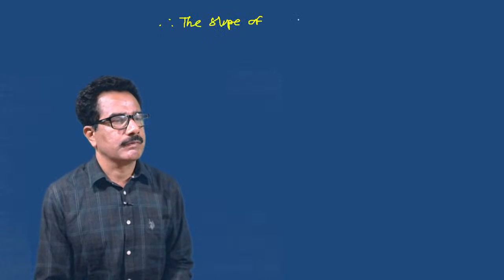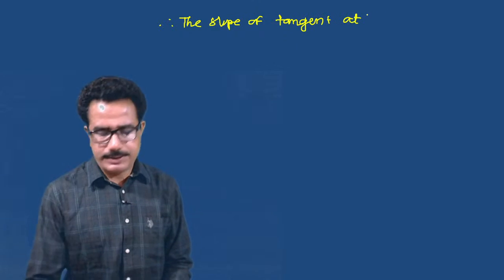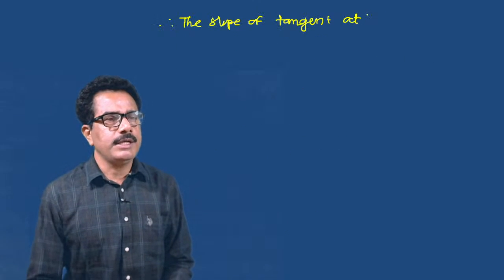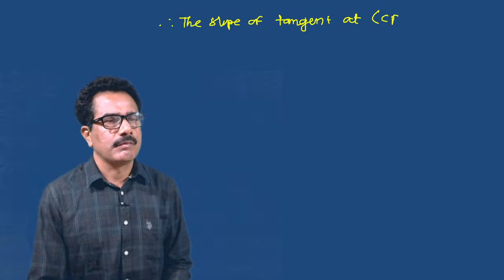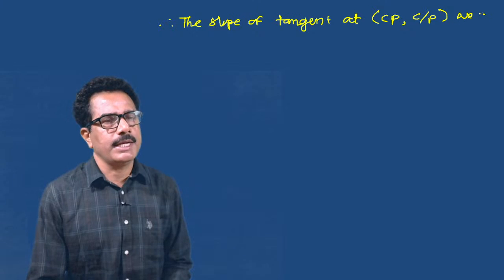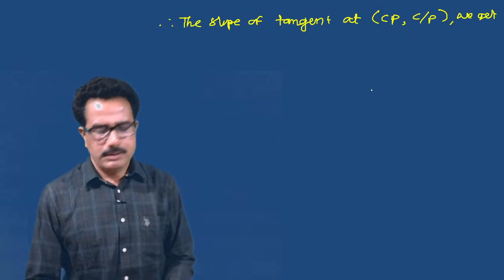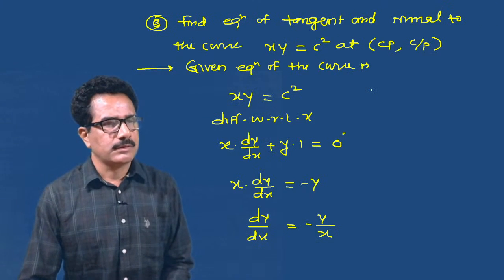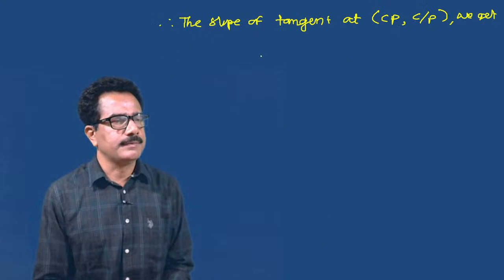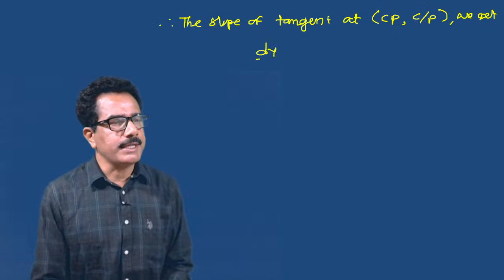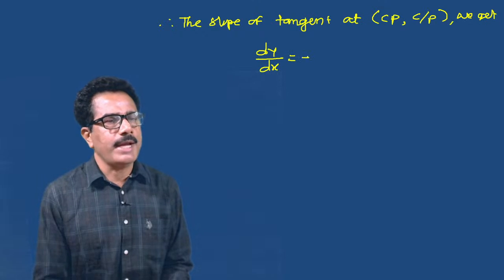Therefore, the slope of a tangent at c into p, comma c divided by p, we get dy by dx equals minus y by x.